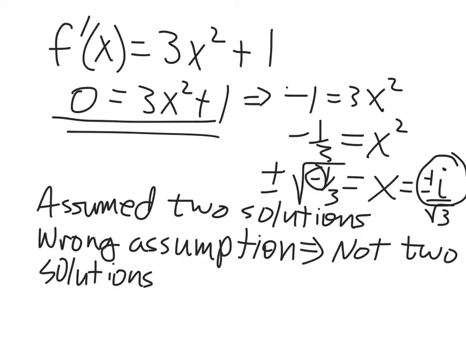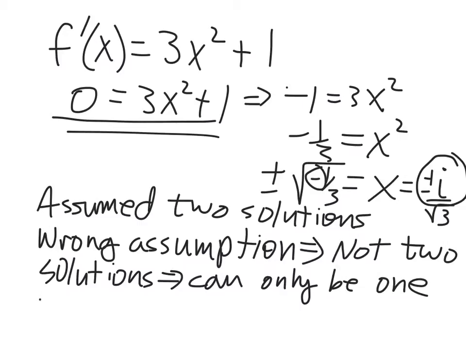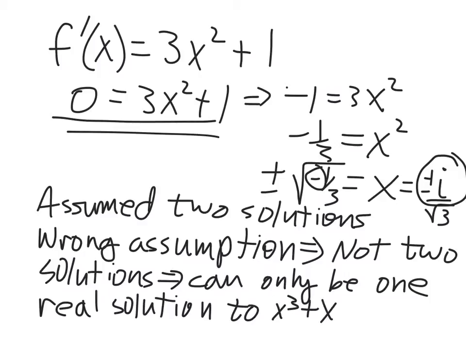Which brings us back to what we're trying to show. There can only be one solution. And again, a technicality here: one real solution. So through the use of the intermediate value theorem, we said there's at least one.